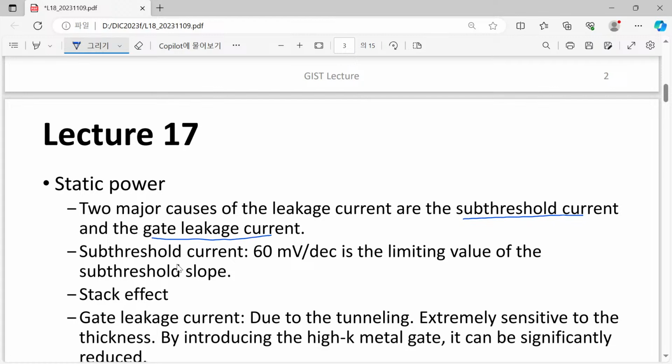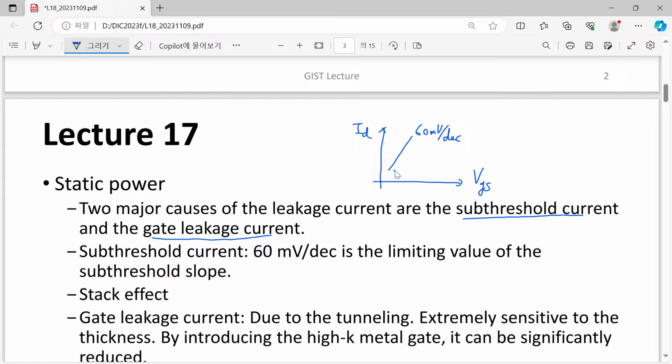The subthreshold current is reduced when we have a steeper subthreshold slope. For example, let's say that this is 60 millivolt per decade. When we plot the drain current versus gate-source voltage, this is steep.